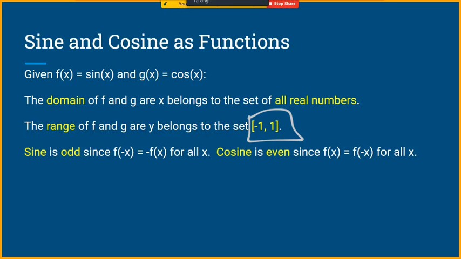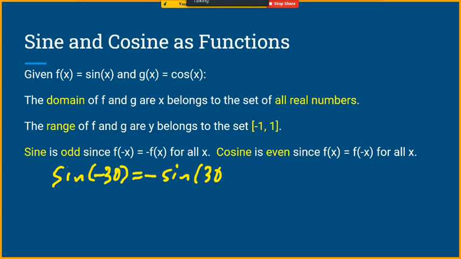Alright, another thing about sine is that sine is an odd function. So you may have learned about that in algebra too. Odd functions means that f of -x is equal to negative f of x, which means if you change the sign of what you plug in, then you'll get the opposite answer. So that means like the sine of -30 is equal to negative the sine of 30, and that's degrees.